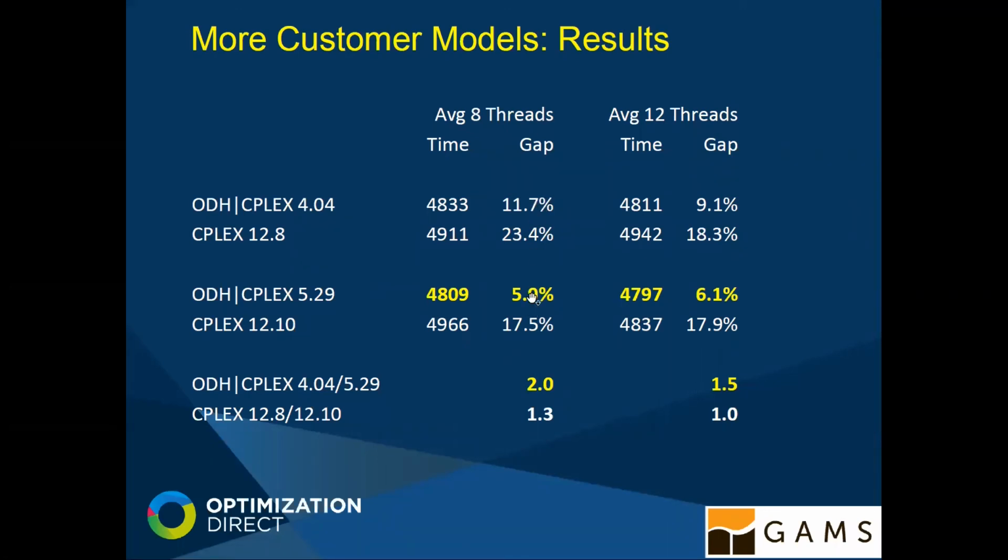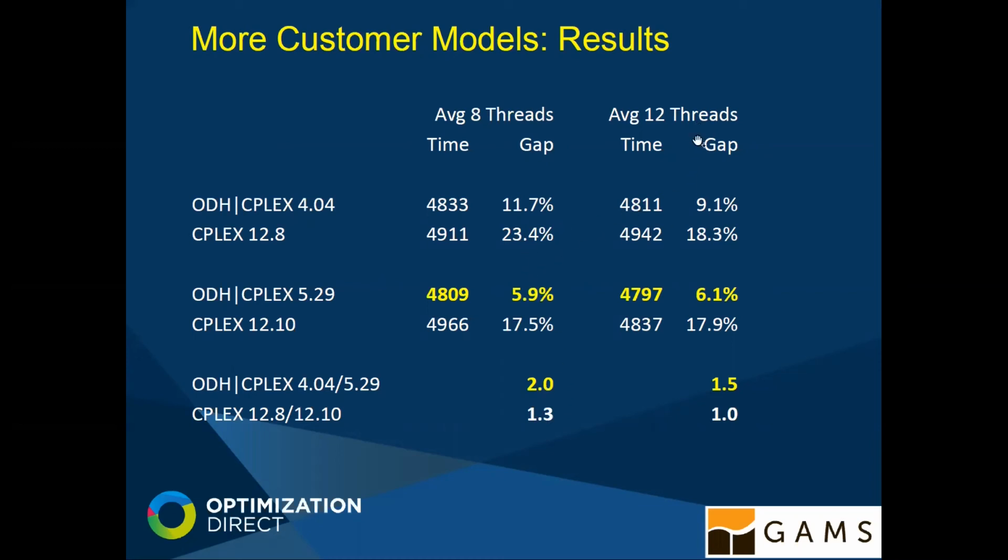So the new ODH CPLEX is better than it was previously, and it's better than just running an optimizer on its own. And if you're interested in doing things with statistics, we could reasonably say that we're running twice as fast now as we were previously, and we can see that 30% of that improvement is down to CPLEX.